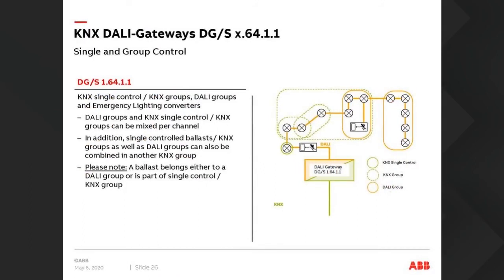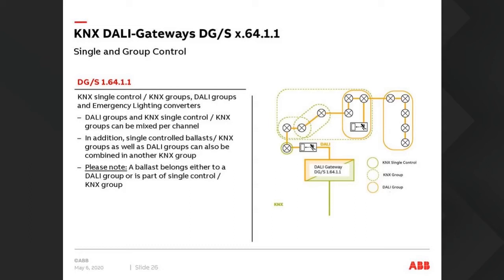As I said about single and group control, we can mix DALI group control, we can mix single lamp control, it's up to us what way we want to mix the system. Generally if you're in a big open plan office and you have 64 fittings, they're all on and all off at the same time, or you might break them down into a couple of zones.